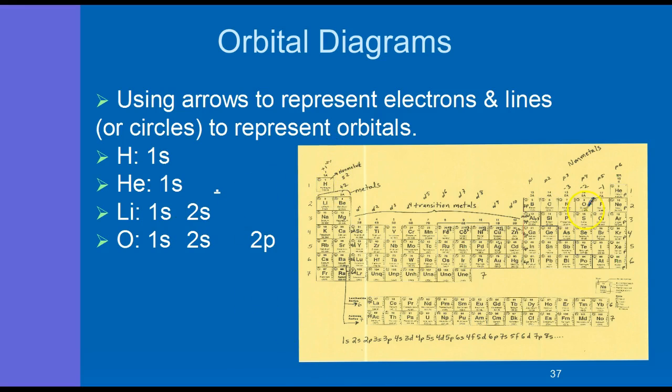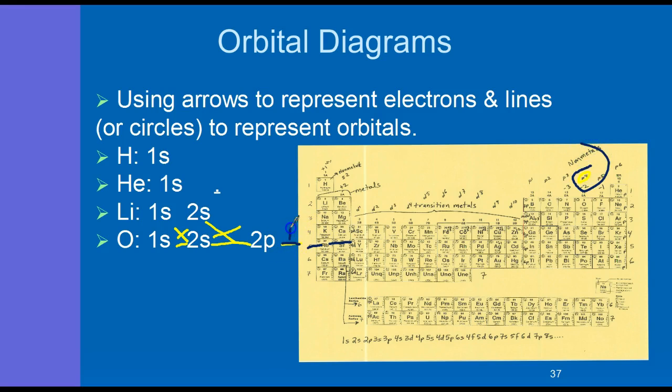And if we were to do oxygen way over here, oxygen ends in 2p4. So the 1s is filled up, crisscross applesauce. The 2s is filled up. Now the p, I'll draw it in a new color so you can see it. p has 3 orbitals, so you have to draw out 3 lines or 3 boxes or 3 circles, and we are filling it up to 4.